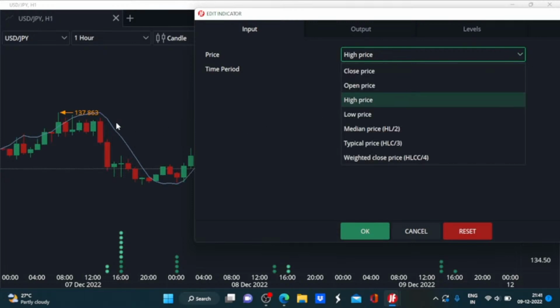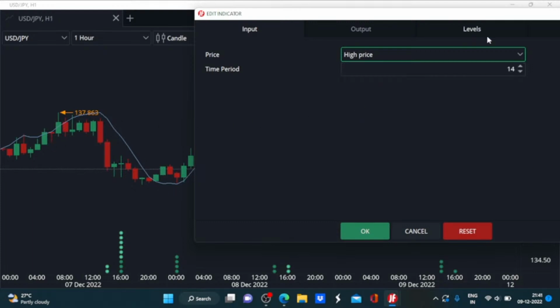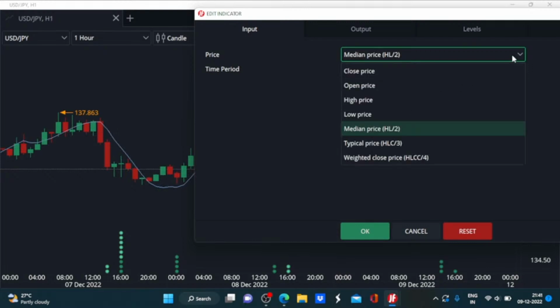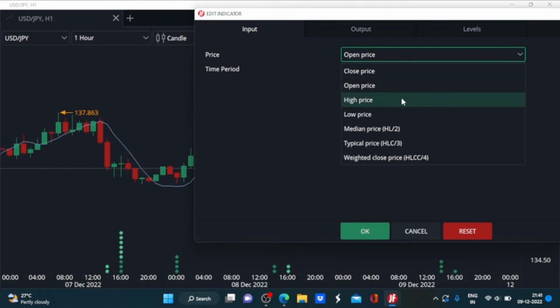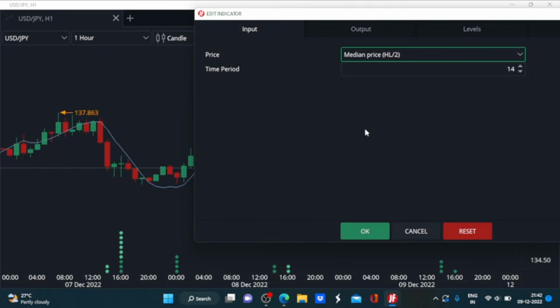And as you can see in this plotting of the linear regression, as I'm changing the applied price, we are seeing a significant impact on the indicator's output value, and it is changing course. So depending on what kind of applied price you use, we have this formation which is changing course, and we have to decide in what circumstances what applied price works best, and then depending on that you can set up your strategy to trade with this indicator.